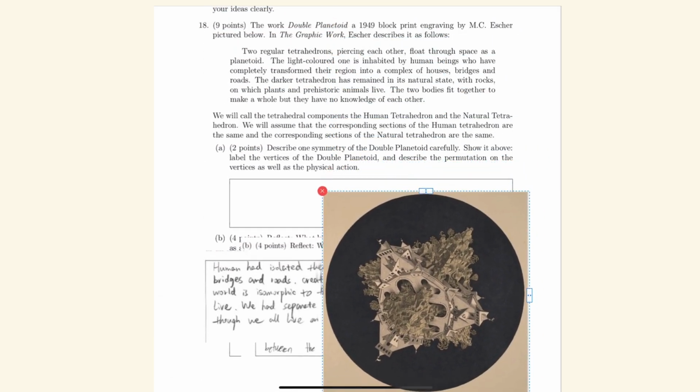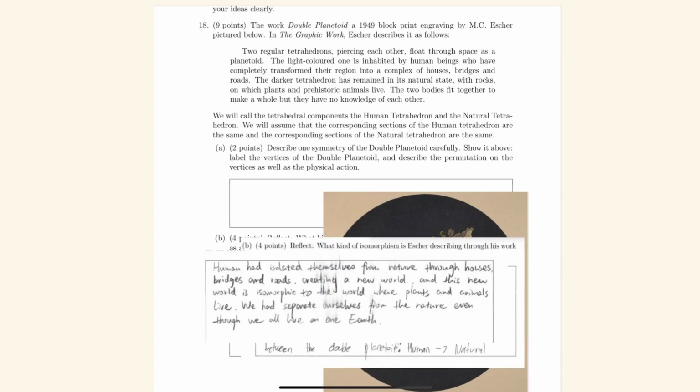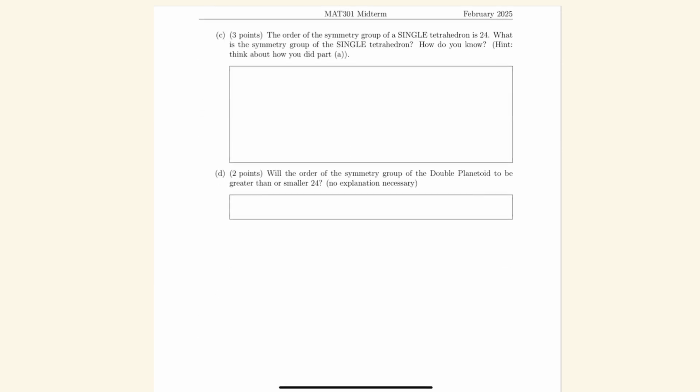So the wording of the question, the relevant part here, was to describe the permutation on the vertices as well as the physical action. So that permutation on the vertices is maybe a novel part. And what I meant by that is if you have a tetrahedron with 4 vertices, you're going to get some sort of permutation on them whenever you do a symmetry action.